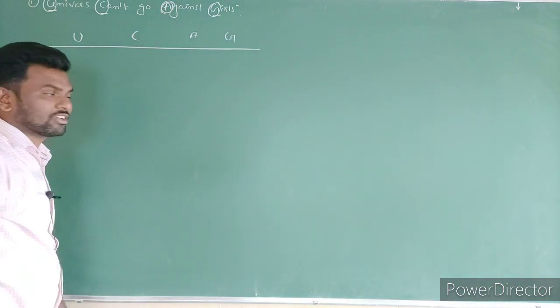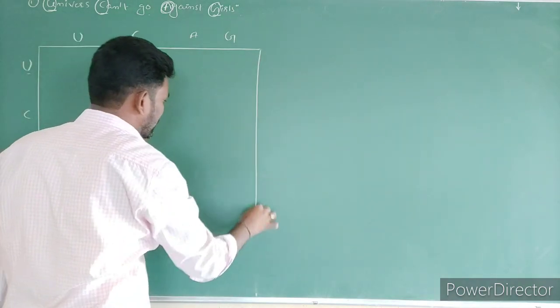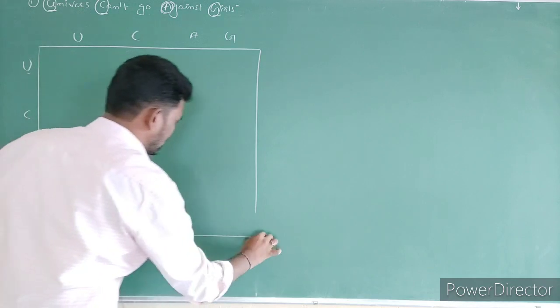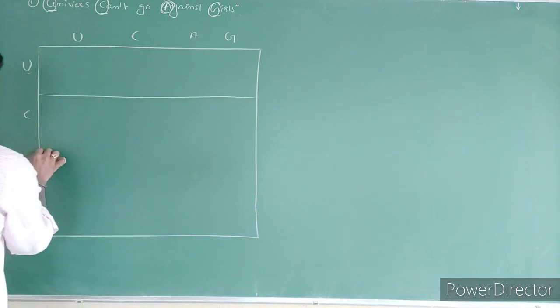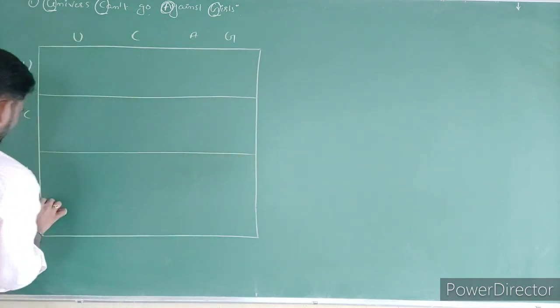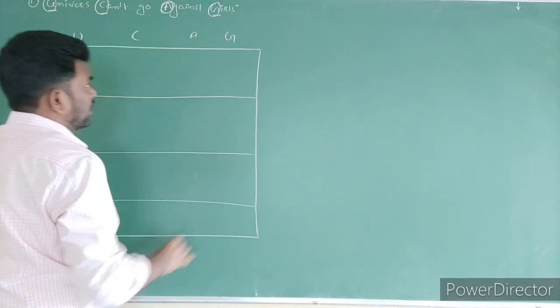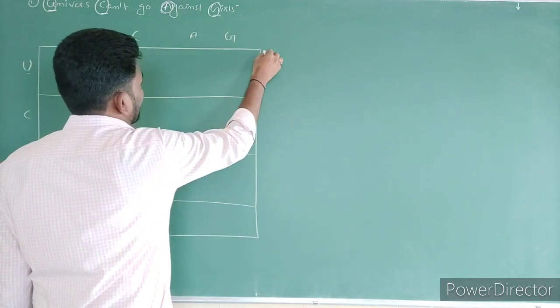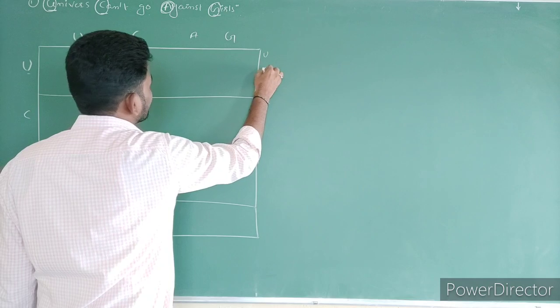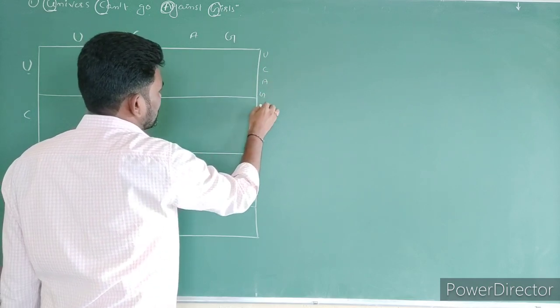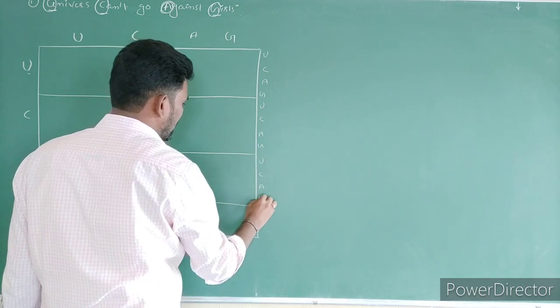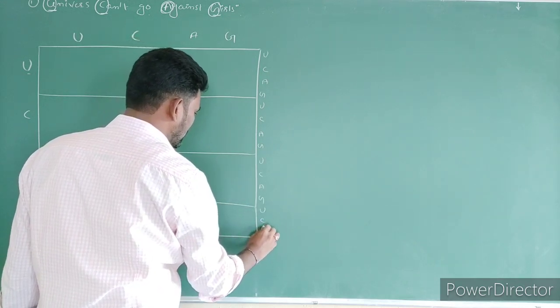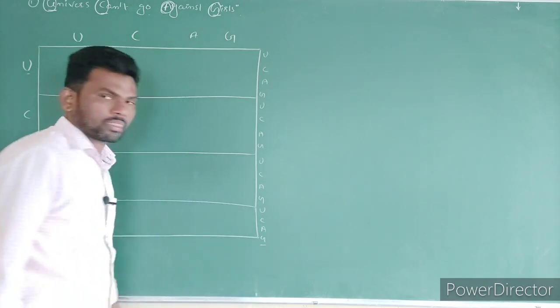And for the third base pair, again the same: U C A G, U C A G, U C A G, U C A G. Finished now?